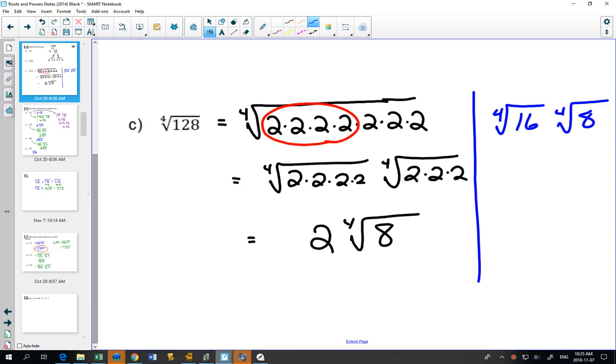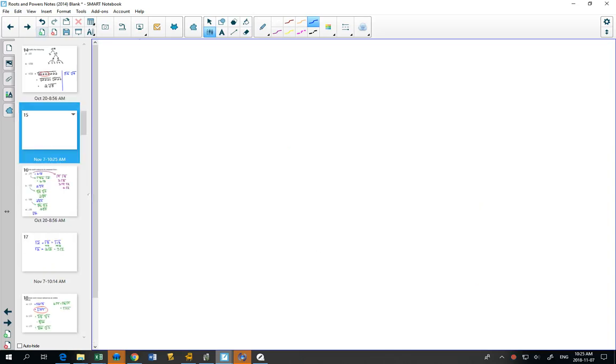So as a practice, we're going to add some more difficult questions. So let's say I did the cube root, okay, of how big of a number do you want? Like 432?